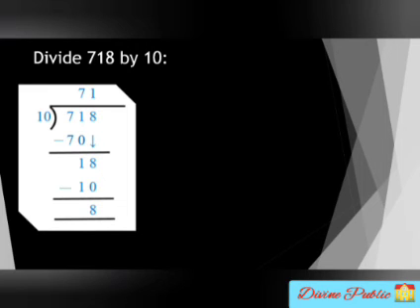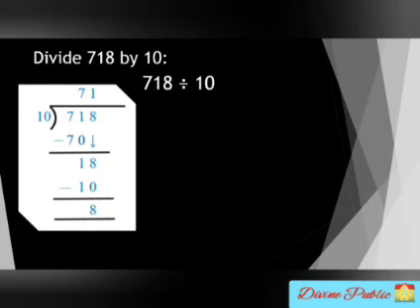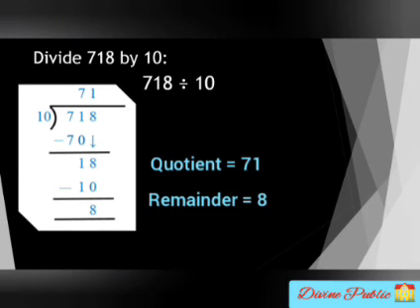Firstly, we will divide 718 by 10 and then we will get the quotient as 71 and remainder as 8. So after dividing 718 by 10, we will get the quotient equal to 71 and remainder equal to 8.